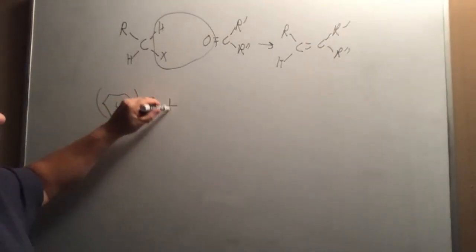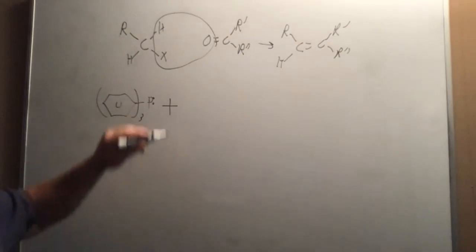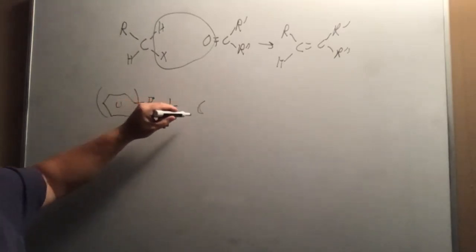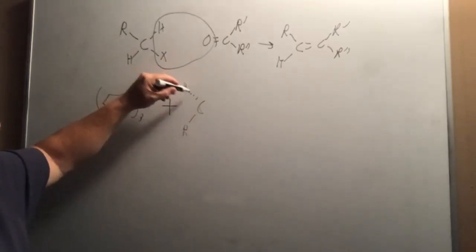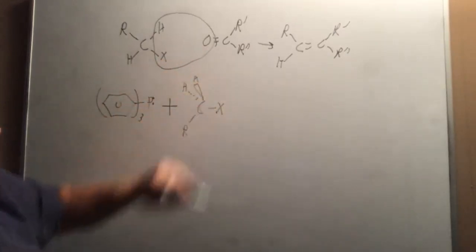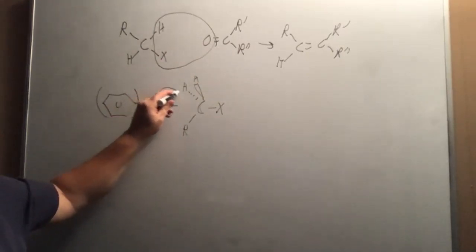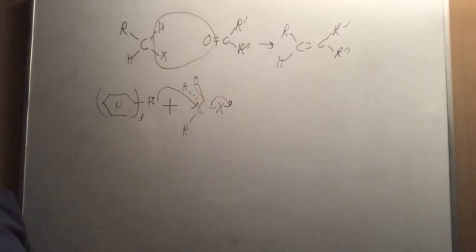So if I react this with an alkyl halide, which I'll write here with my R group, my H, my H, and my halogen, this nucleophile does a backside attack to kick the halide off. That's the first step in this reaction.